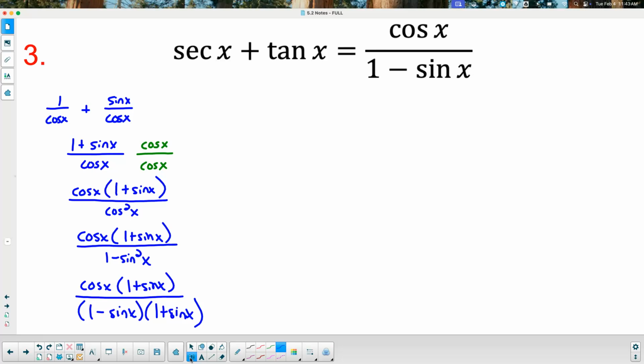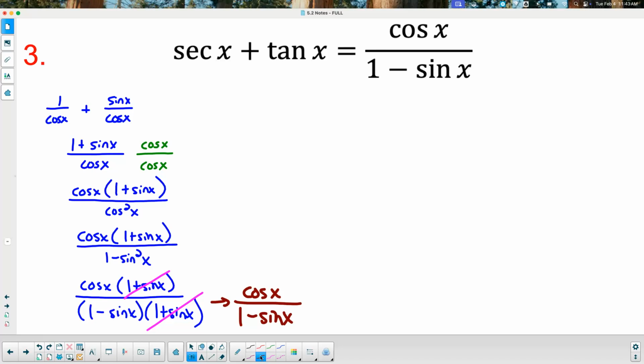Now what can we do? Cancel out the 1 plus sines, leaving me with cosine over 1 minus sine.